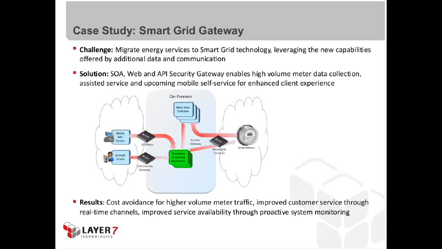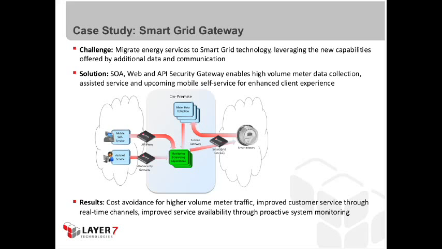Secondly, using us as a security gateway for their assisted service channel to do the authentication and authorization controls as they connect their CSRs into their monitoring and servicing applications. And then the next step they're taking is to leverage those APIs that expose consumer services and provide mobile self-service, so that now they can connect into that smart grid infrastructure and actually allow their consumers to do settings.